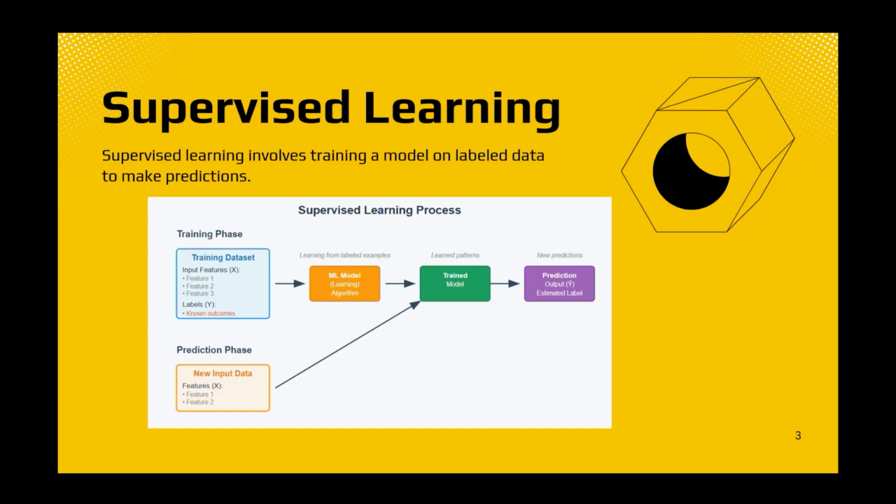First, we'll feed it to the machine learning model, and then we'll get a trained model on the data set. And then in the next phase, we'll make new predictions using data the model hasn't seen previously. So that's basically what supervised learning means.